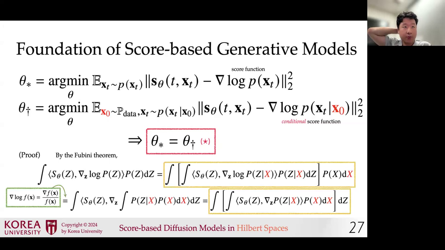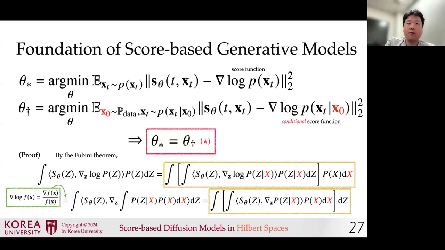Okay, so the proof is based on the Fubini theorem and the integration by parts formula. If you observe the proof carefully, the gradient vector of the log density is replaced by the gradient of the logarithm of the conditional density, because we can interchange the computation order between the integration and the inner product.